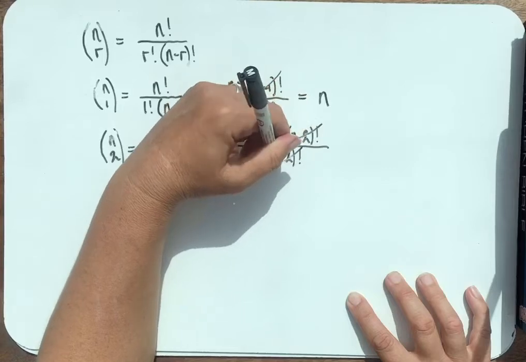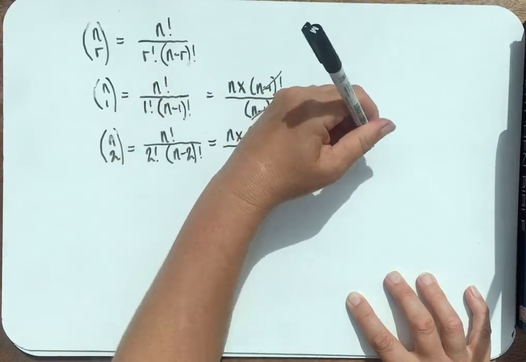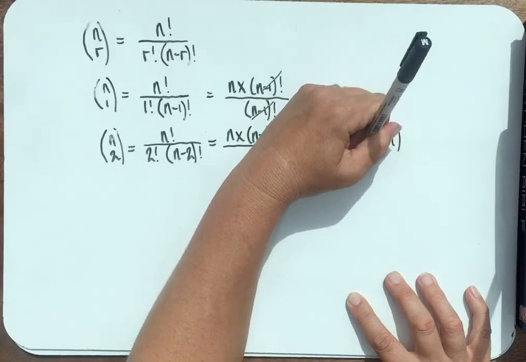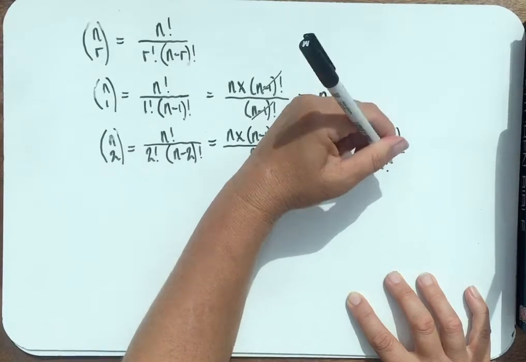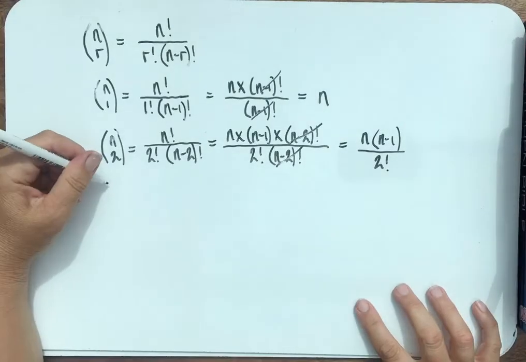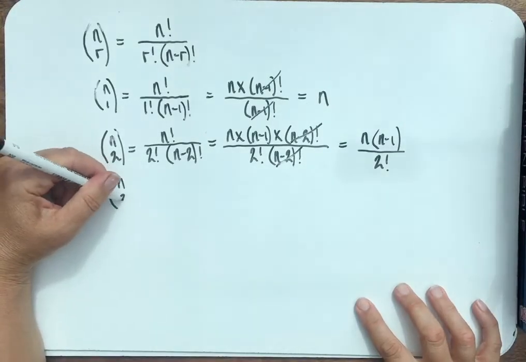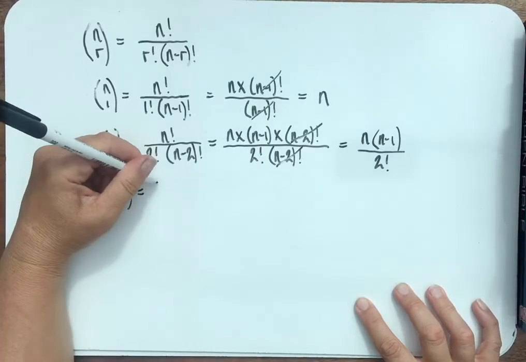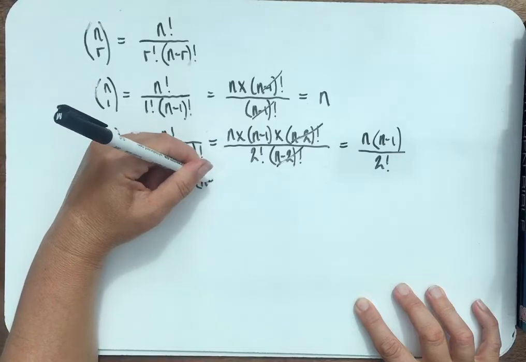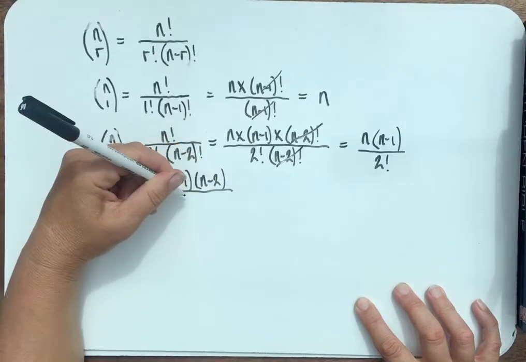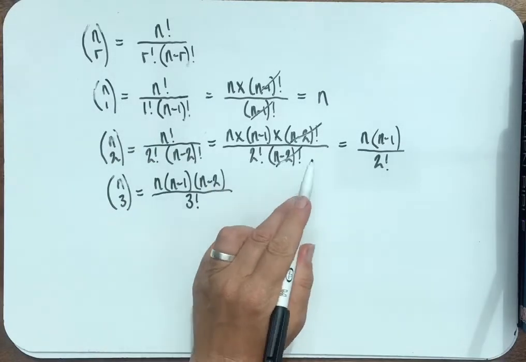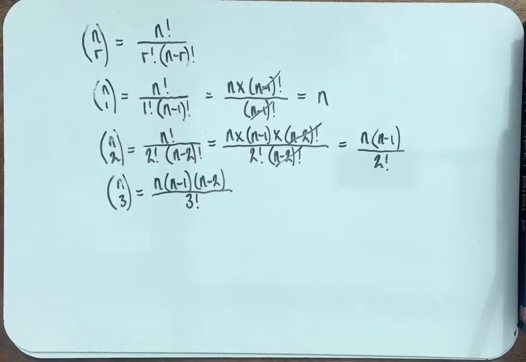So they cancel off and that leaves you with n times (n minus 1) over 2 factorial. And that pattern just continues. So you could work this out, but n choose 3 is equal to n times (n minus 1) times (n minus 2) over 3 factorial. So you have to take an extra one off to cancel it down, and so on.